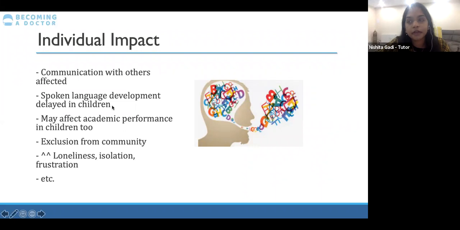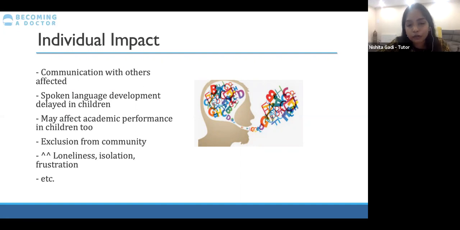If you have congenital hearing loss and the child is prelingually deaf, which means before they can speak they have never heard before, then it's hard for them to learn. When you learn languages, you hear and then you speak, but as you can imagine, that's affected. And this can affect academic performance in children too.